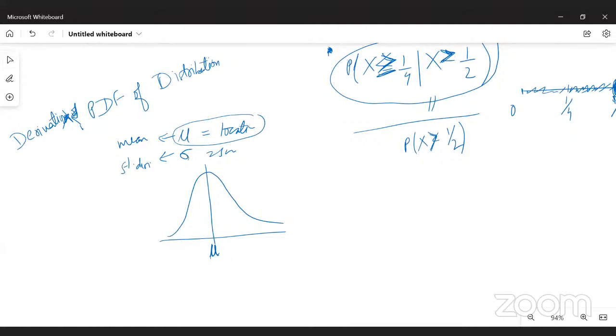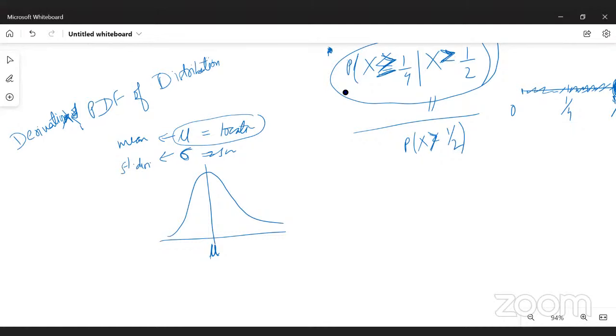Sigma is called the scale because once the standard deviation decreases, the spread of the graph decreases. If you scale your sigma, the distribution will vary.